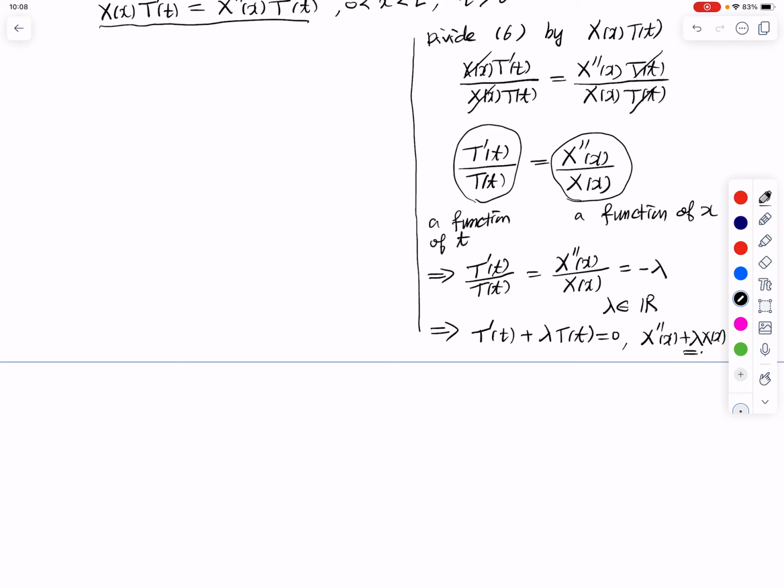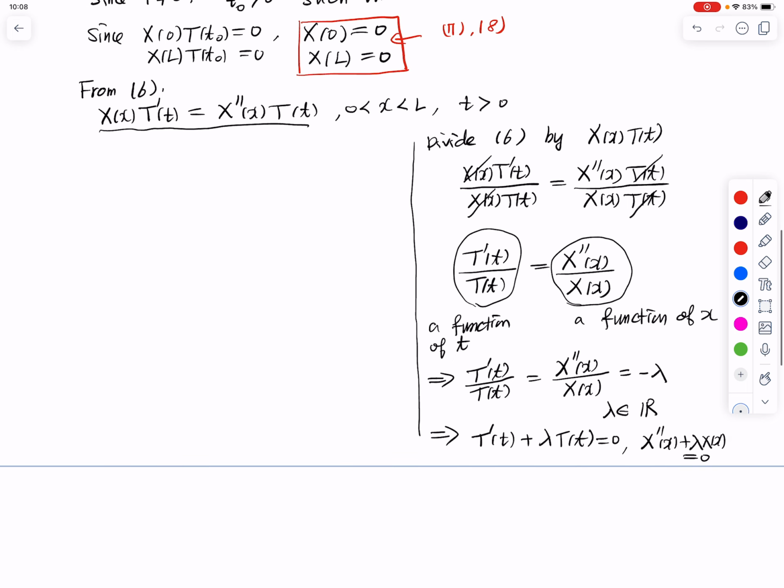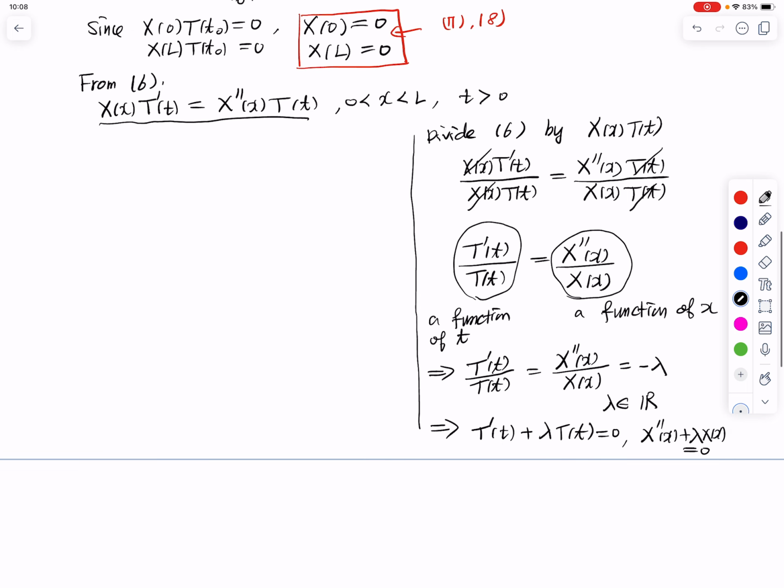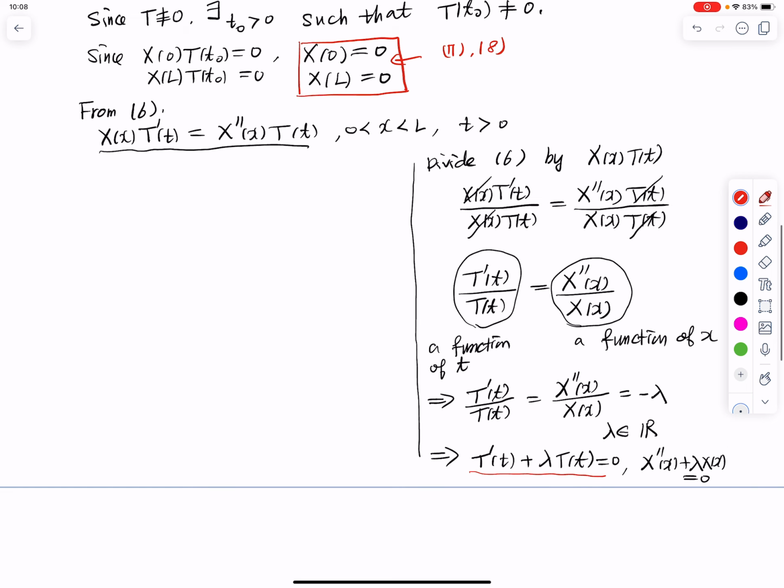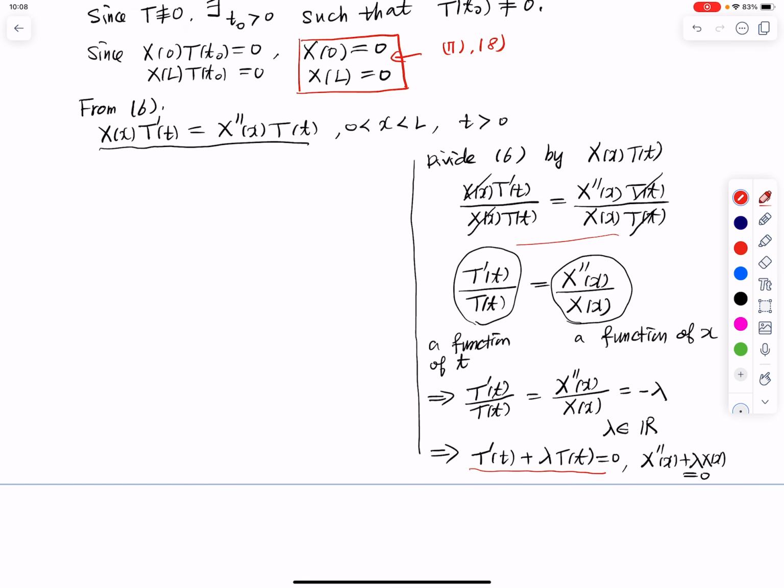So I have two equations. In order to derive these two equations, from equation 6, we divide 6 by X(x)T(t), then we got this.